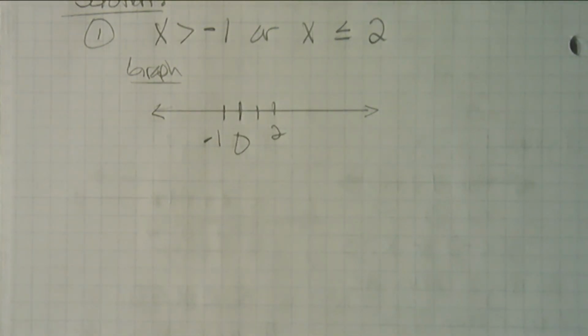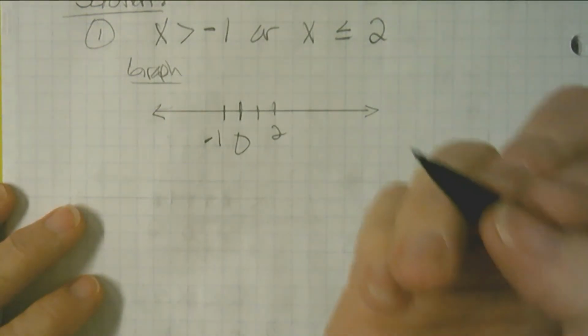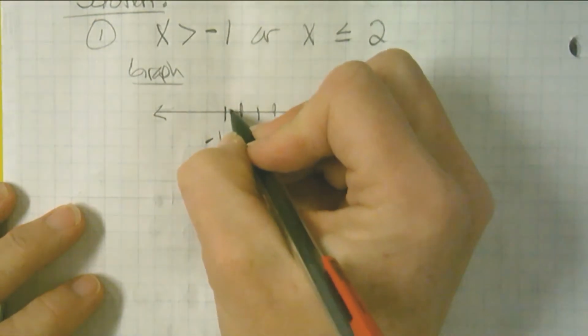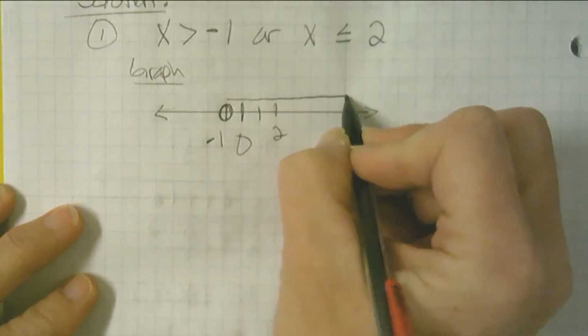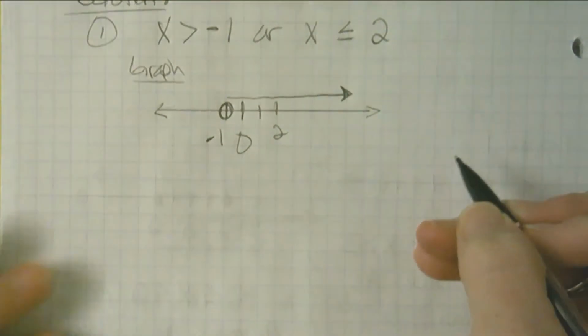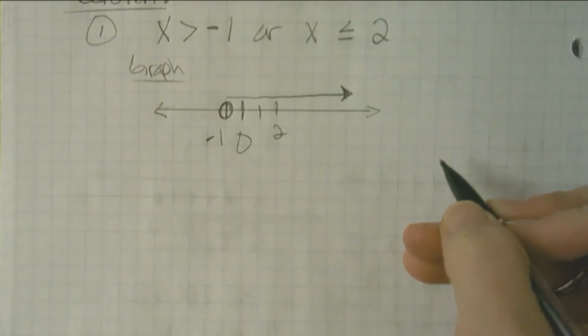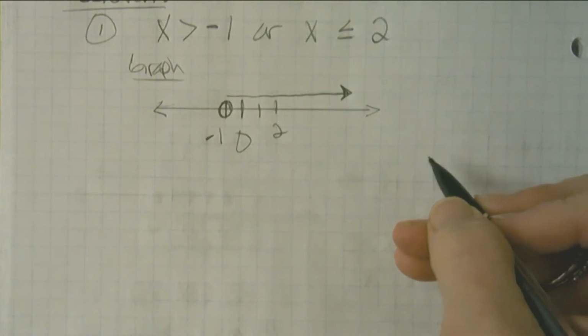How many of you guys are like, I need to make sure I wrote that right? Okay, somebody graph x is greater than -1 for me. Isabella? Okay, somebody graph the next part.